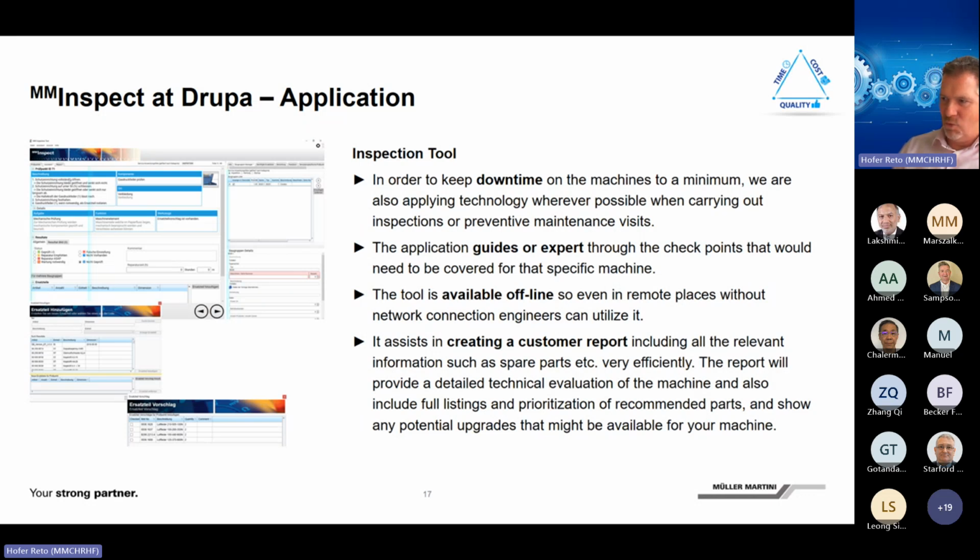Another advantage is the tool we use is also available offline. So in case you don't have coverage at the customer site, this doesn't matter. The inspection tool can still be used. It also helps the service technician or the people in the office to create the reports. We're going to look at some of the examples, and we're going to have some of the examples on the stand as well.